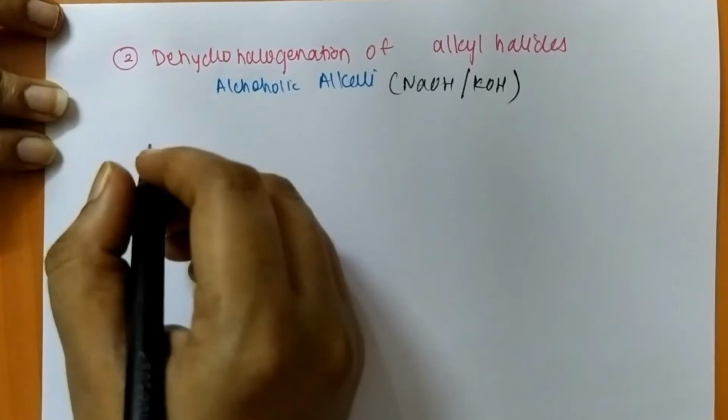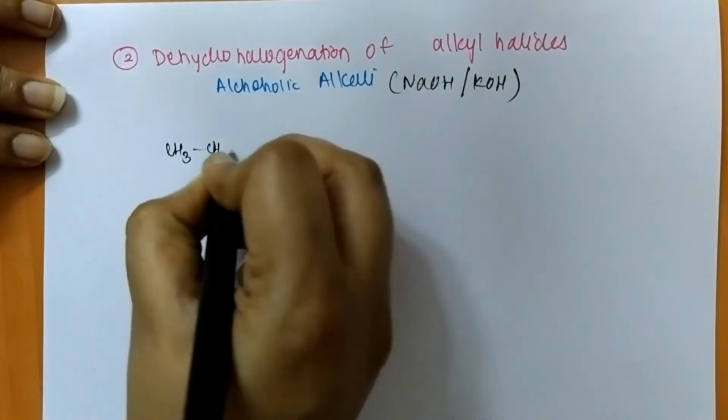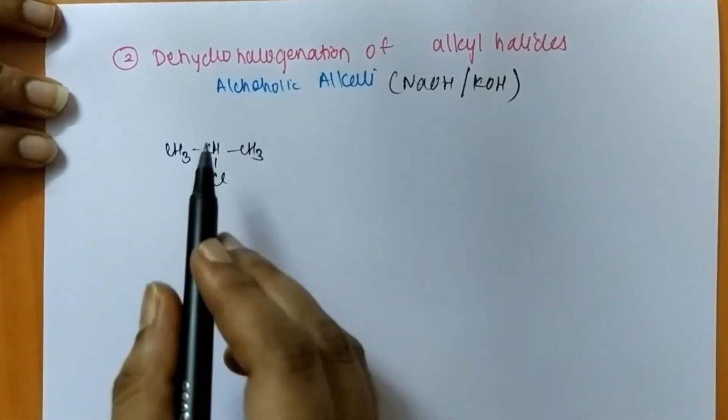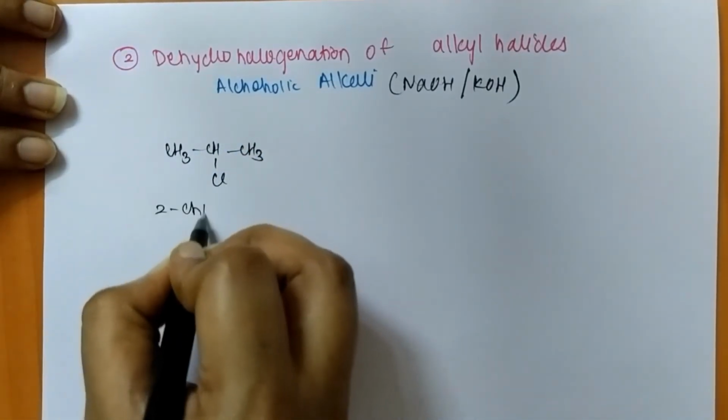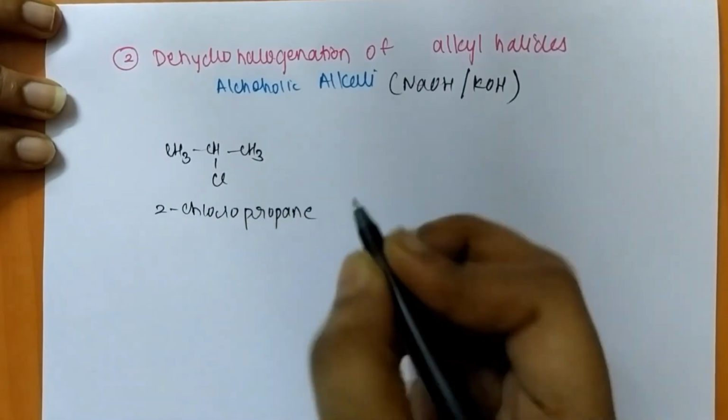Now let us consider an alkyl halide, that is 2-chloropropane.